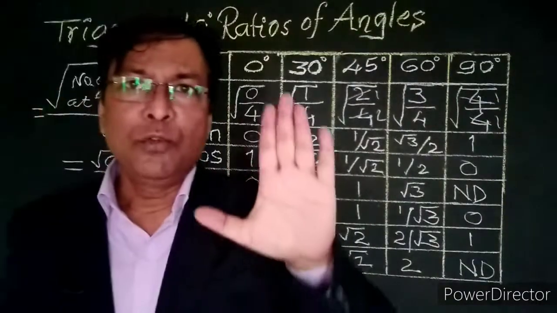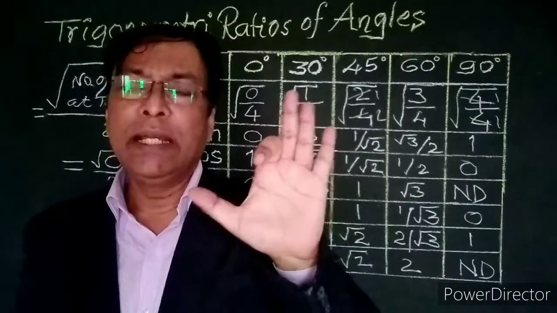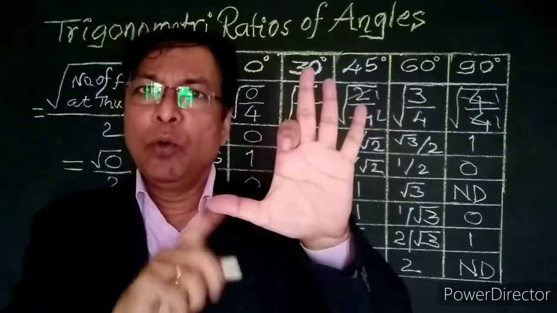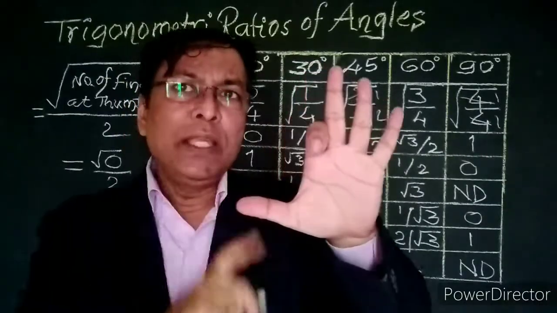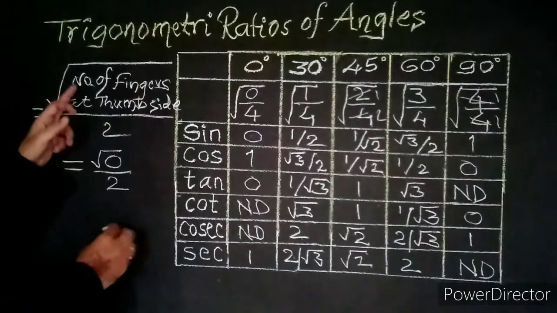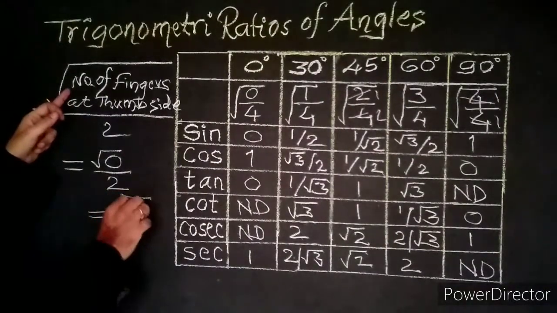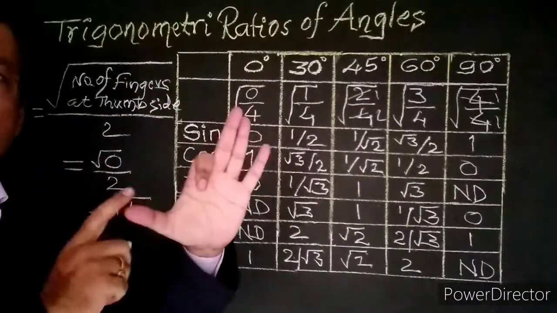Now, to find sine 30 degree, we have to fold the index finger. When we fold the index finger, at the thumb side only one finger is there. So, we write square root of 1, because one finger is present at the thumb side.